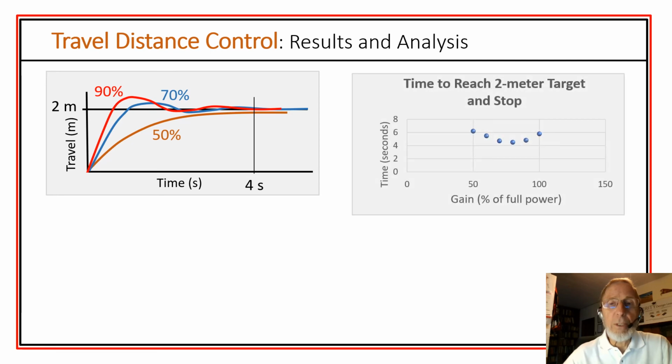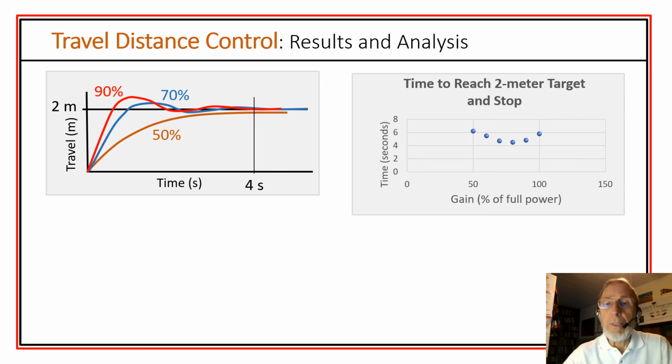Now, if we actually look at the numbers, the time to reach this 2 meter target and stop looks like this. We see that at 50% power, it took about 6 seconds. At 100%, it was about 6 seconds, and the minimum time occurred somewhere in between, around 70%.